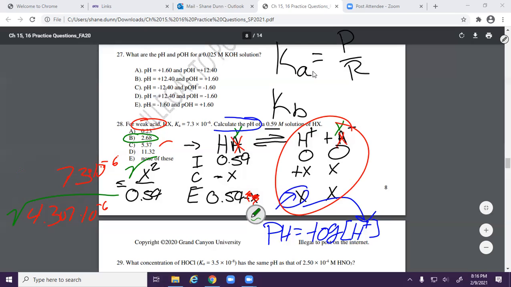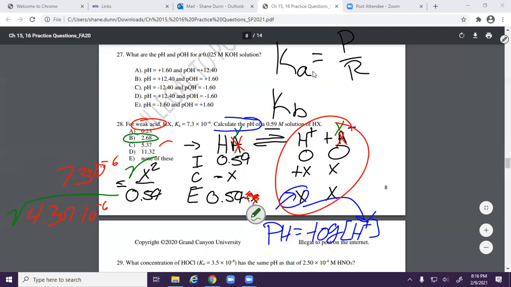If you guys can understand question 28, guess what? That's like 95% of the next couple problems. 0.002.